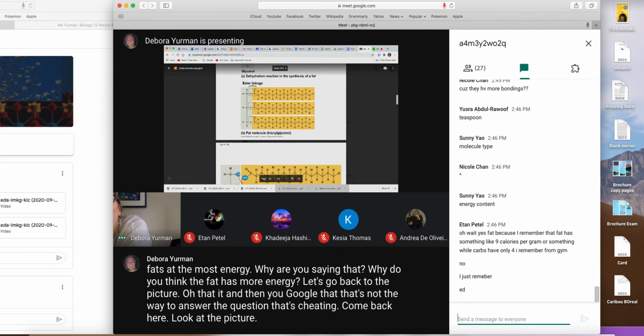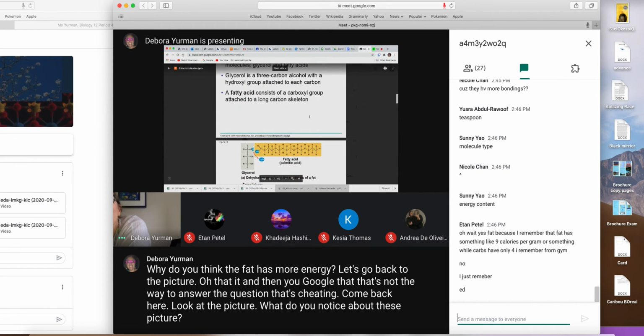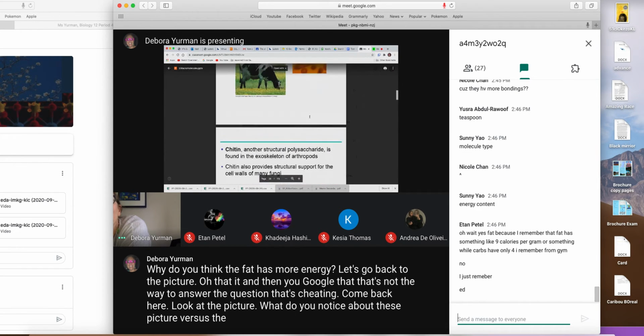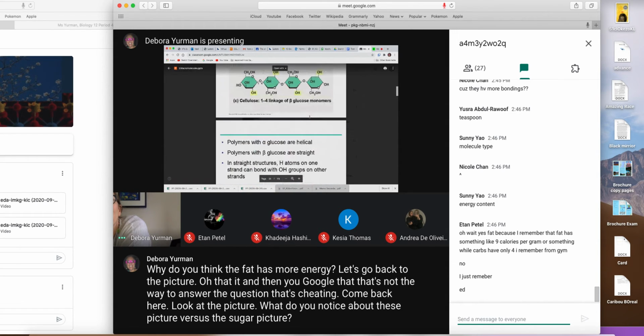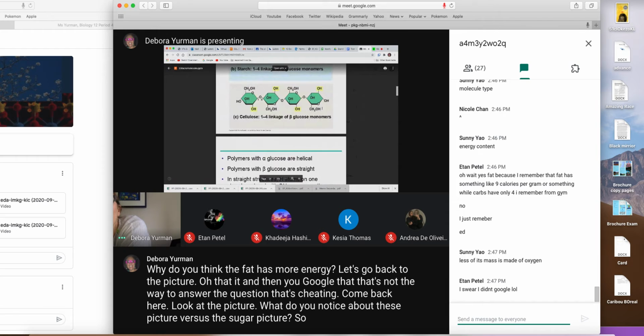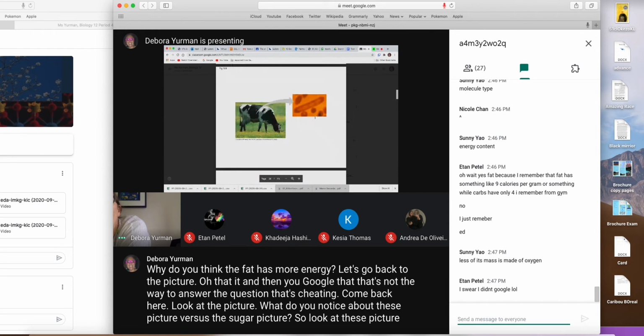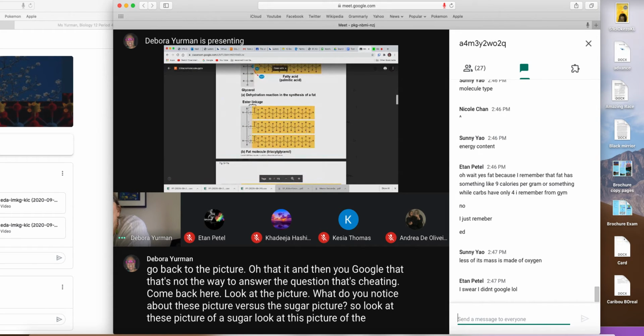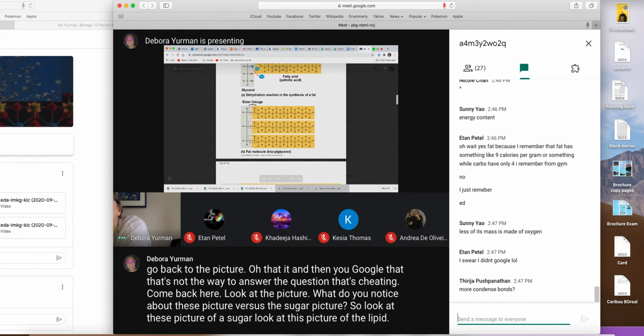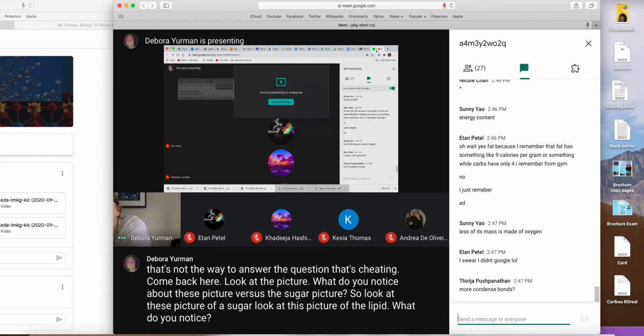What do you notice about this picture versus the sugar picture? Look at this picture of a sugar. Look at this picture of the lipid. What do you notice? Exactly.